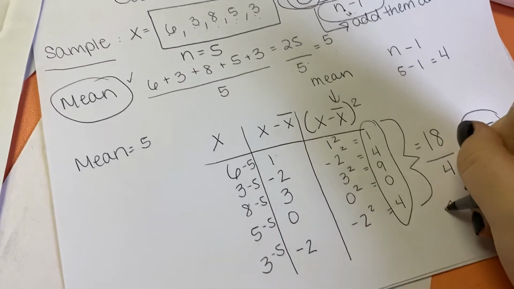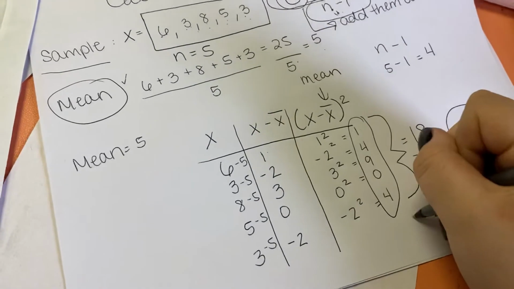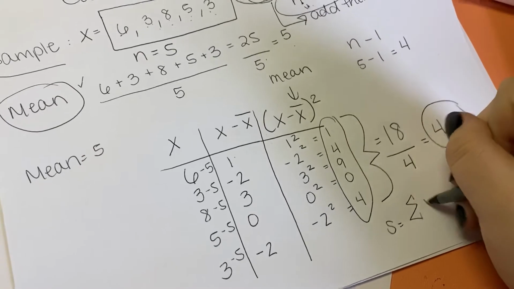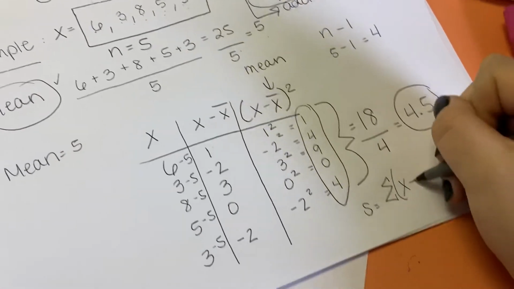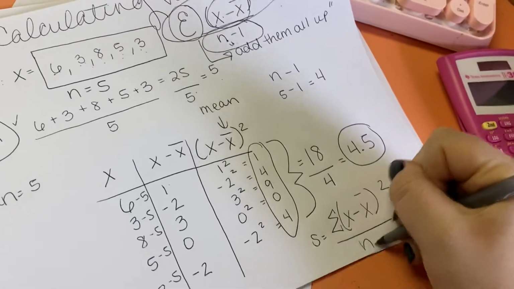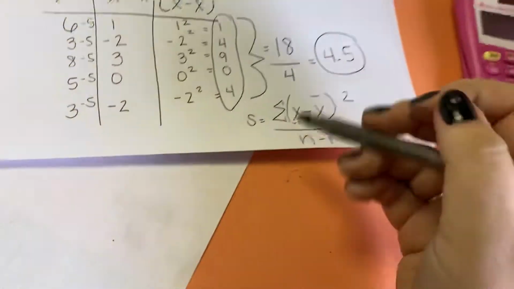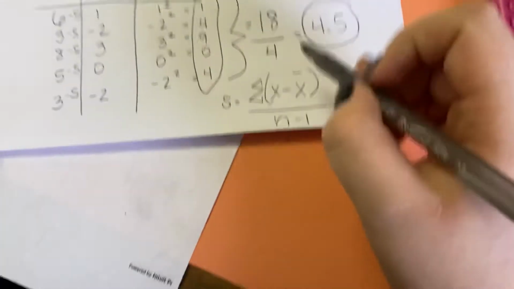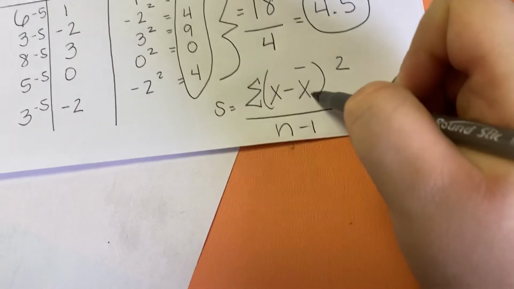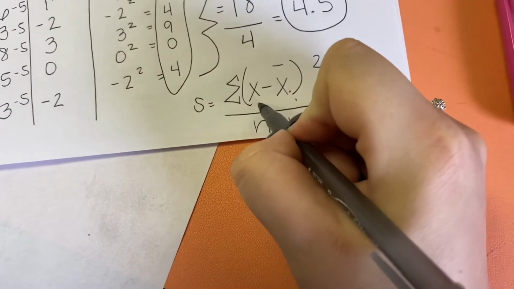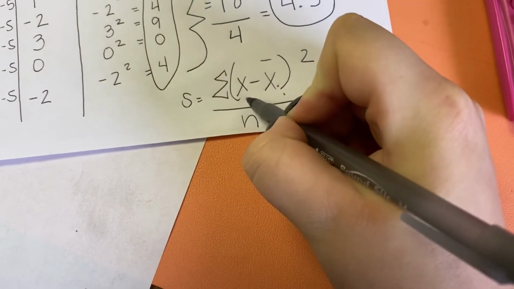So let's go ahead and write that out here. Sum of x minus x bar squared, over n minus 1. Again, the first thing that we did is we found the mean, which is x bar. We subtracted x bar from every single one of our provided x values.